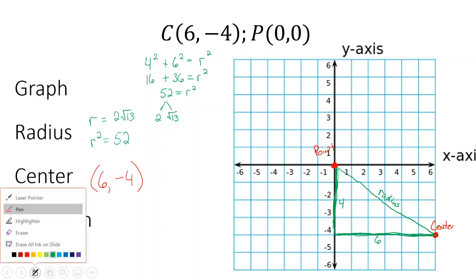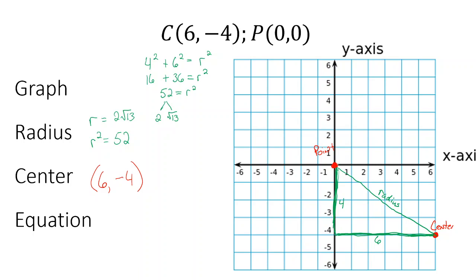Okay? So if we were to graph this, the square root of 52 is approximately 7.2. So r is approximately 7.2.